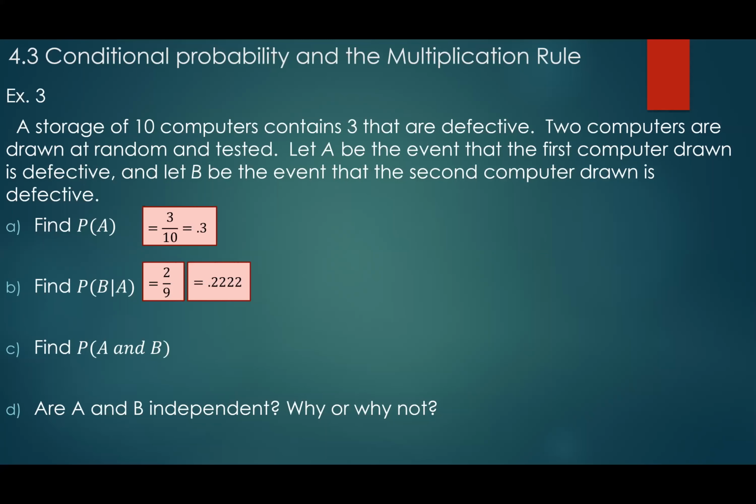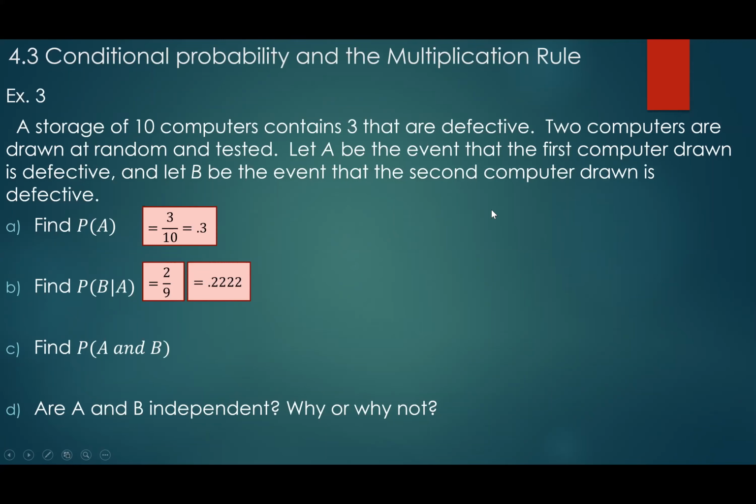Now you probably say, wait a minute, Mr. Tran, part C is very similar to what we've been doing earlier, in that it's the probability of event A and event B. But because you select 2 computers, because you select multiple times, this tells you that you need to multiply.